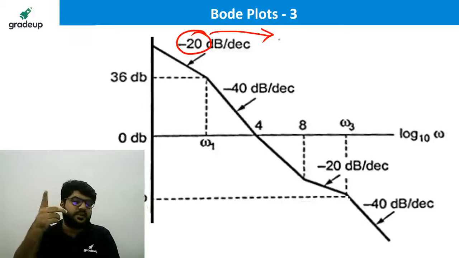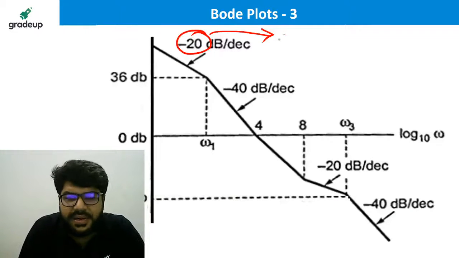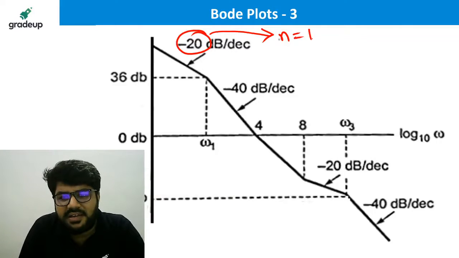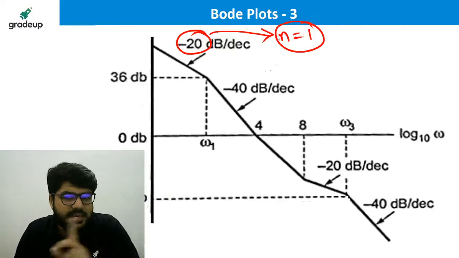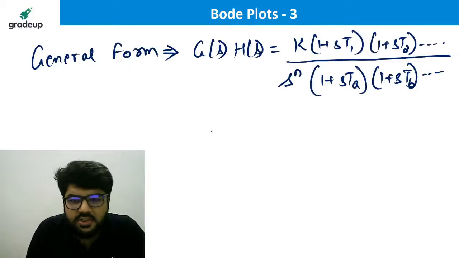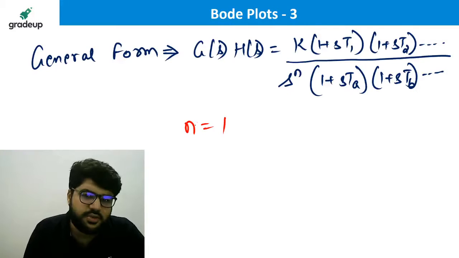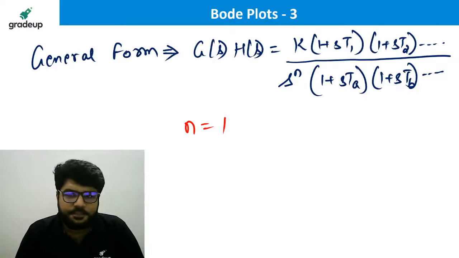We will take those questions too. But here the slope is minus 20n. That means what is the value of n? Generally the initial slope is minus 20n, but it is minus 20. So n equal to 1. That is the first thing that you can comment. So n equal to 1 from the initial slope. From the initial slope you get the value of n.